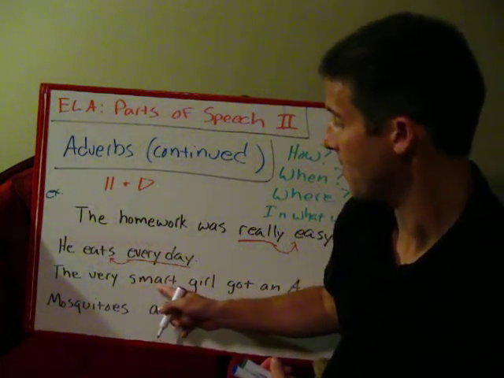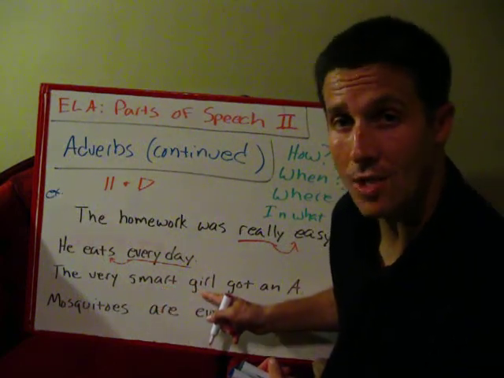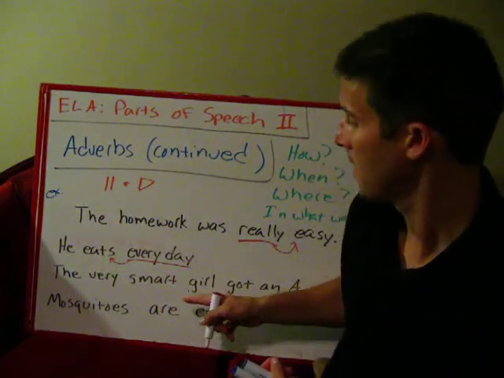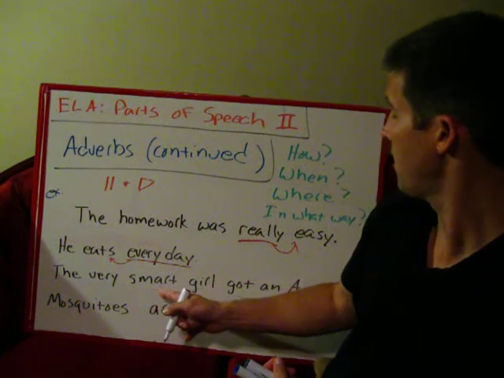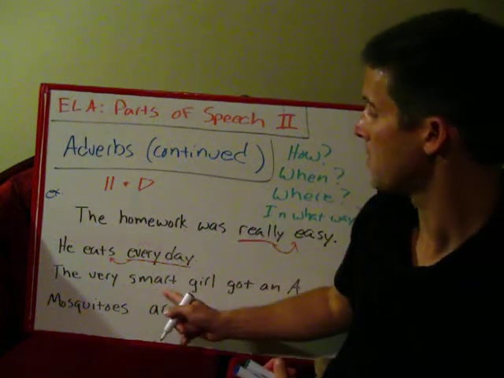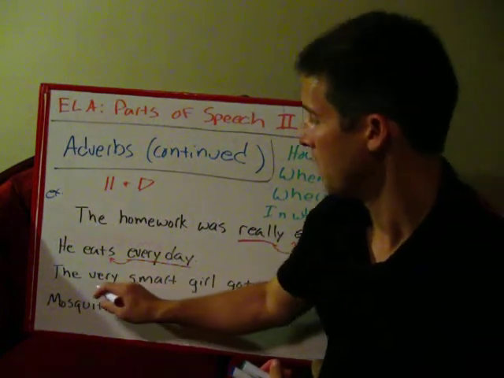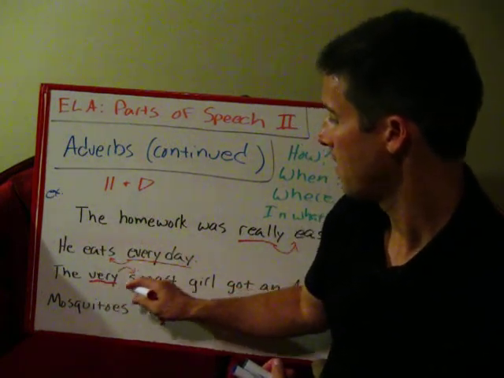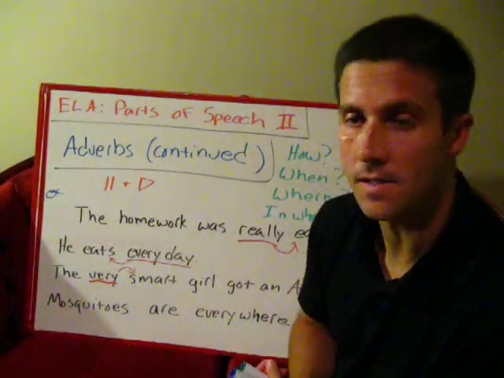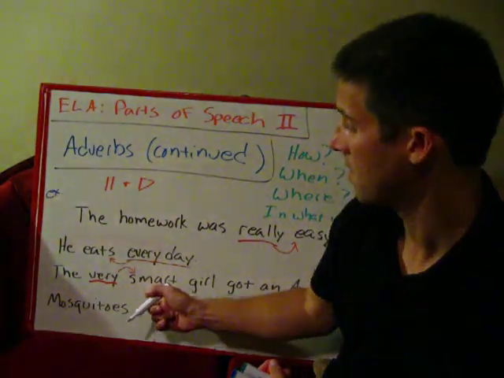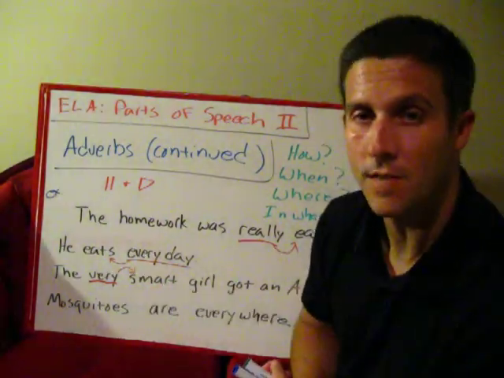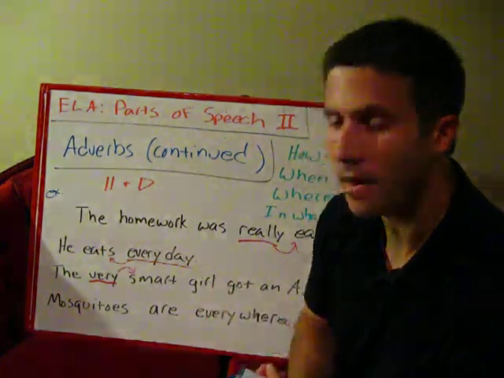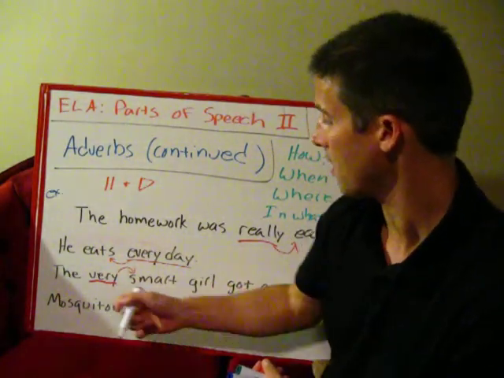So that gives us information about a noun, which is an adjective. Well, in what way was she smart? She was very smart. And this very describes or modifies or gives more information about the word smart. She was very smart. Not a little smart or somewhat smart, but very smart.